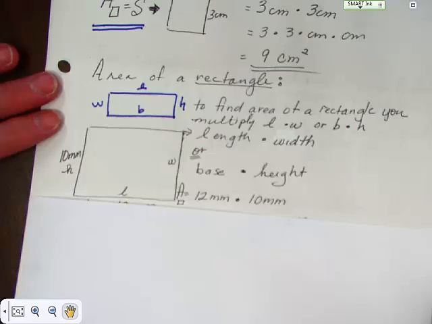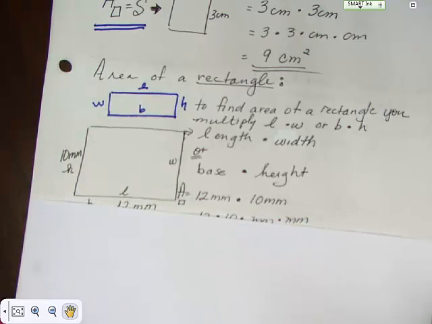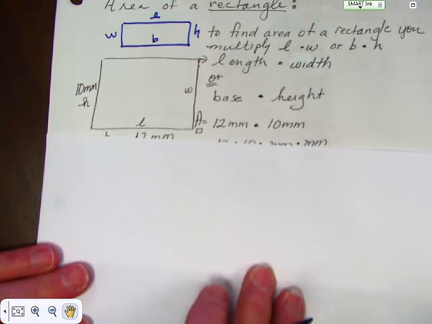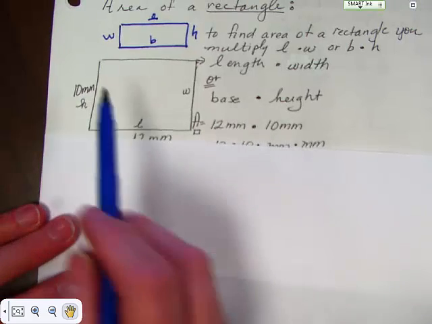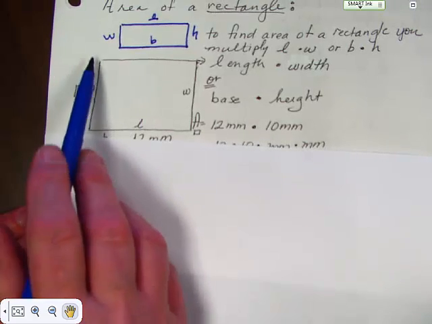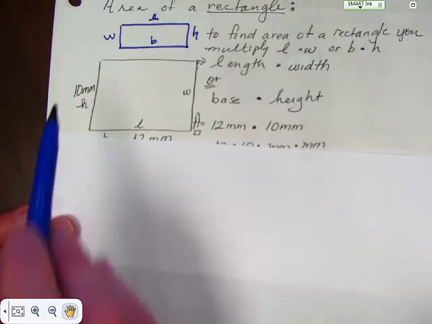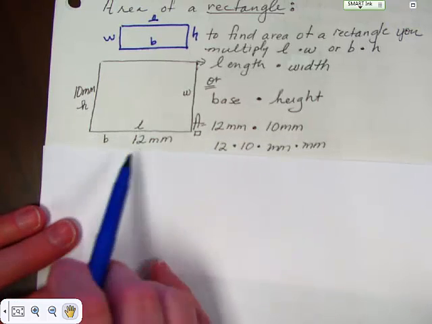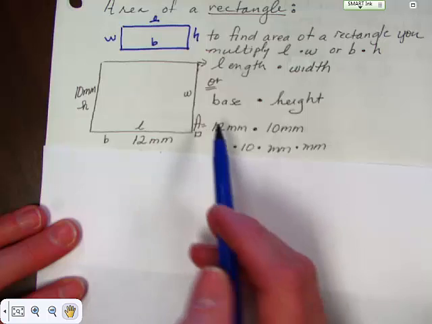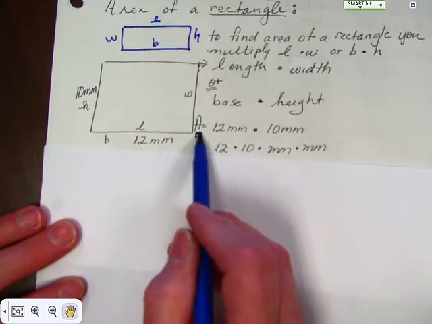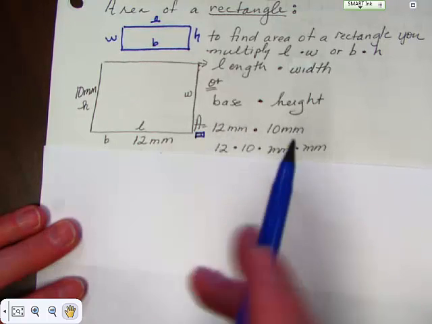So if you had a rectangle that looked like this, and that rectangle had a height or width of 10 millimeters and a length of 12 millimeters, to get the area, you would simply take 12 times 10.